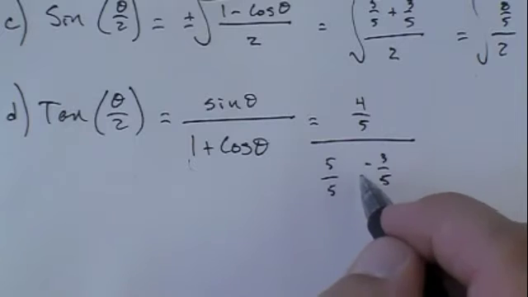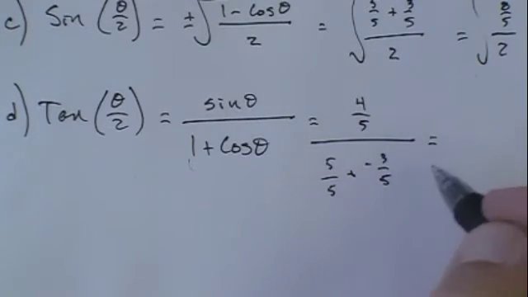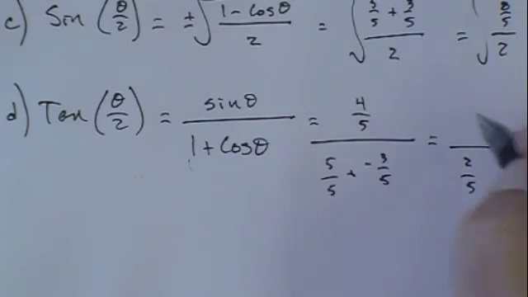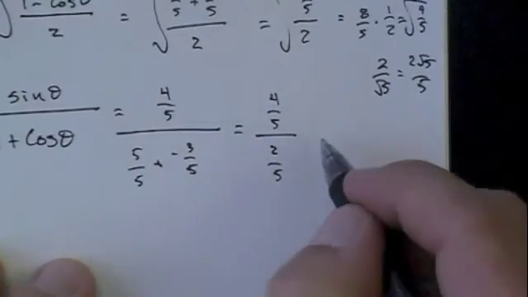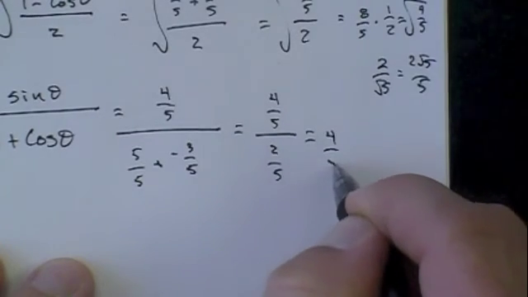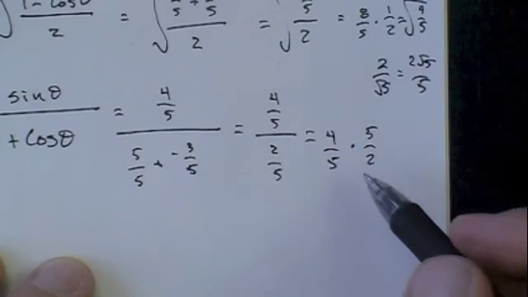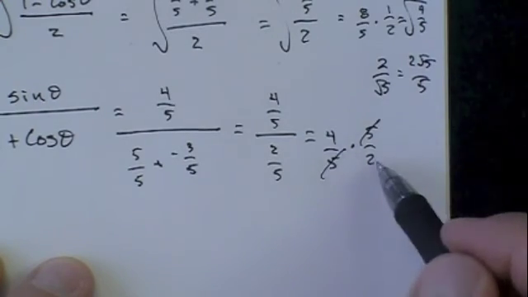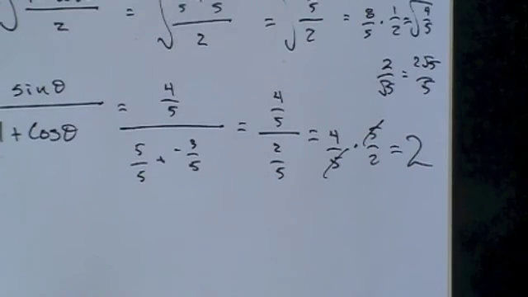And we are adding that. So 5/5 plus a negative 3/5 is going to be 2/5. Still 4/5 for our numerator. Going to rewrite this as 4/5 times the reciprocal, so 5 over 2, and those cancel. 2 goes into 4 twice. That would be our exact answer.